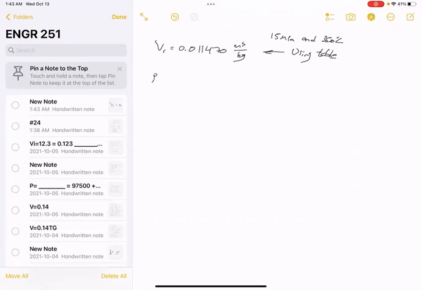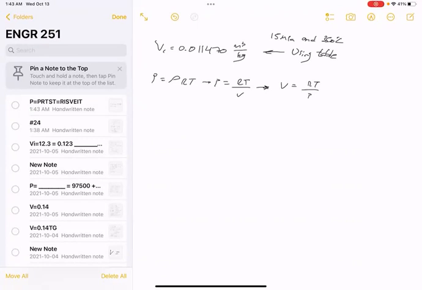We can say pressure equals rho RT. And of course, this is equivalent to saying pressure equals RT over specific volume, because rho is just 1 over specific volume. So solving for specific volume, we can say, specific volume is RT over pressure.